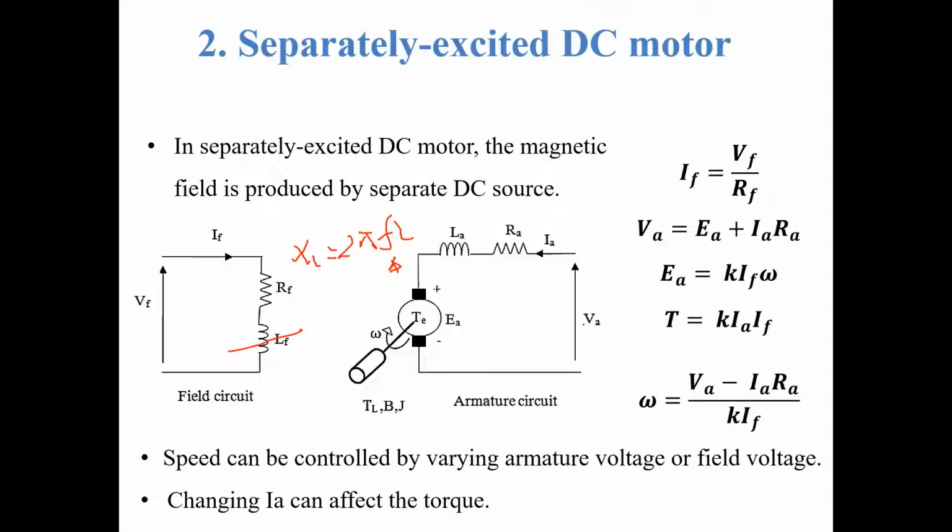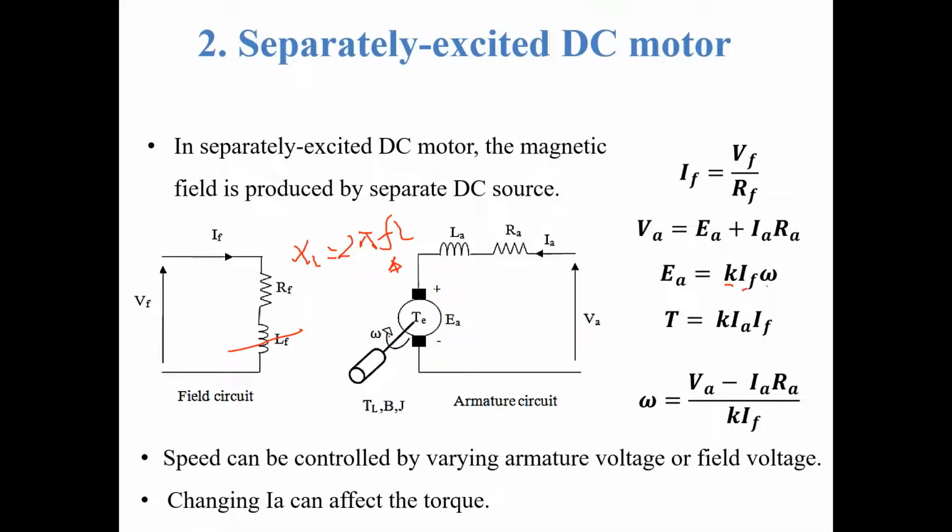And so VA, the armature voltage, equals EA, the back EMF, plus IA times RA, the voltage drop across the winding. And always EA, the back EMF, depends on the speed of the machine. As the speed of the machine increases, the back EMF also increases. So back EMF depends on the machine constant, the strength of the magnetic field in the stator, IF, and the speed of the machine.